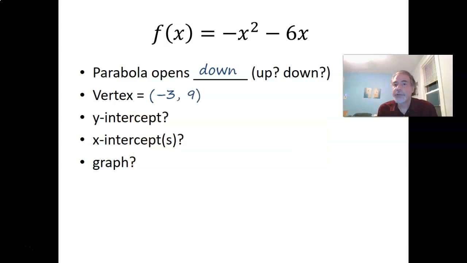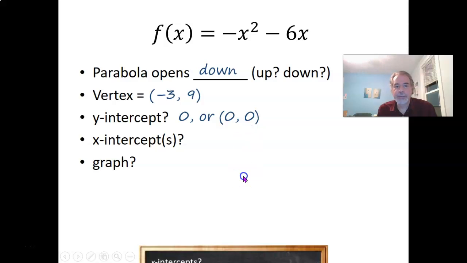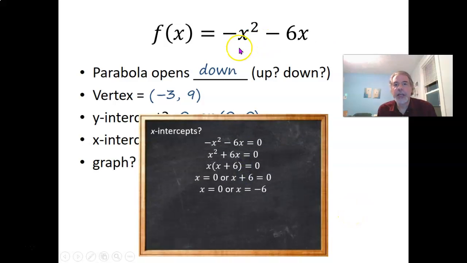The y-intercept? 0. If we put 0 in for x, we get 0 for y. So that is the y-intercept. And I'll bet that's also going to be one of the x-intercepts. So what about the x-intercepts? If we take our function and set it equal to 0 and solve, first we can divide both sides by negative 1.